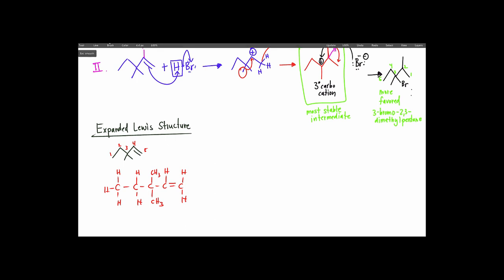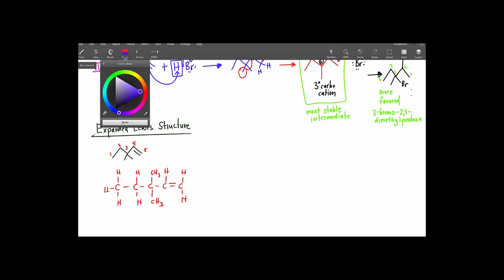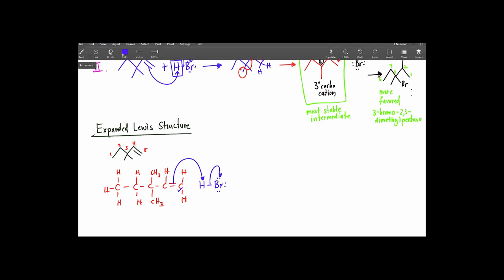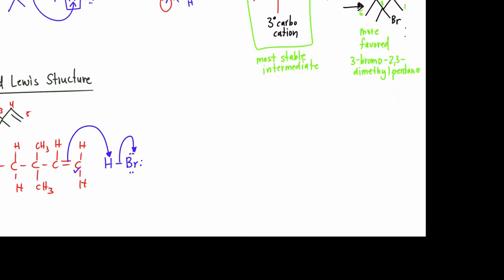Okay, so now if I add HBr, we're going to do the most favored product first. So the addition of the electrophile H plus. We know that H plus is going to add to that carbon. I'm going to rewrite all of this again in red.